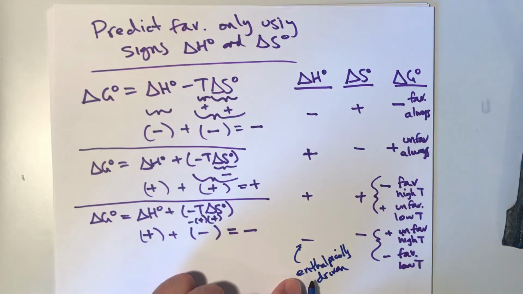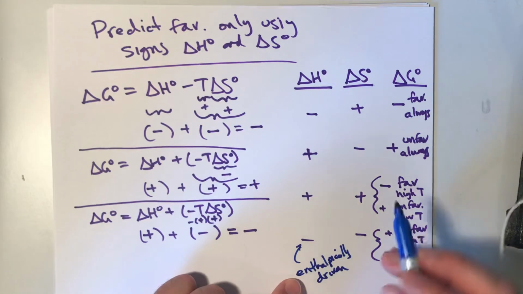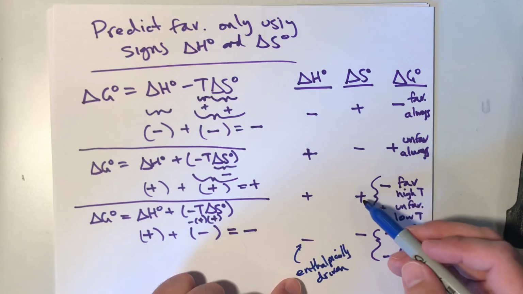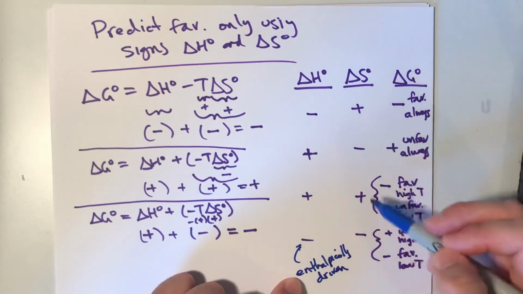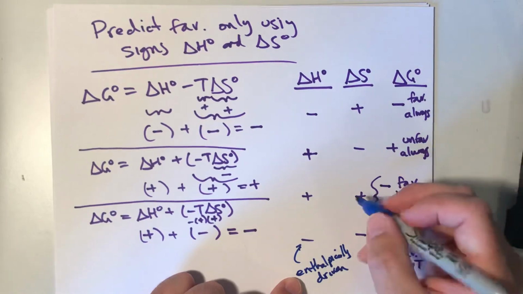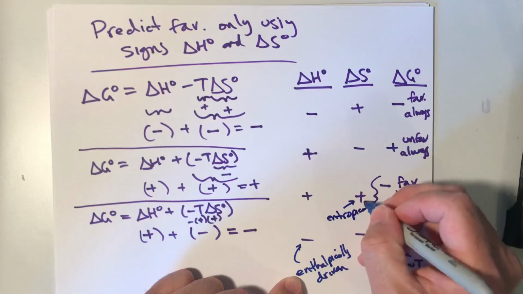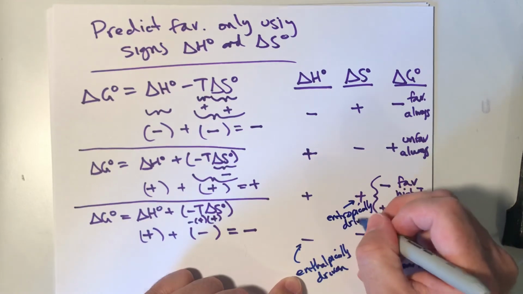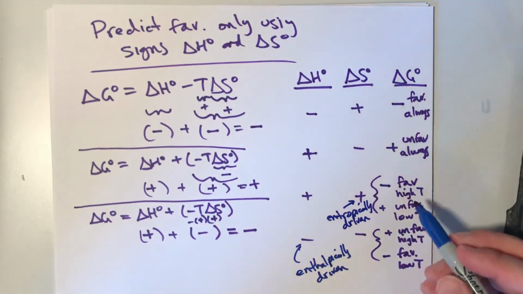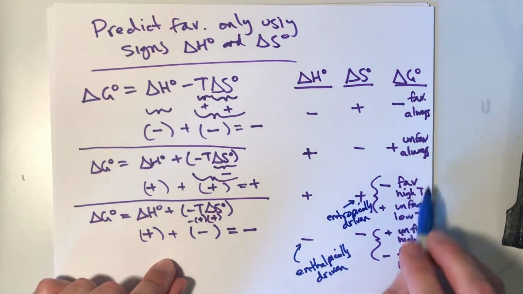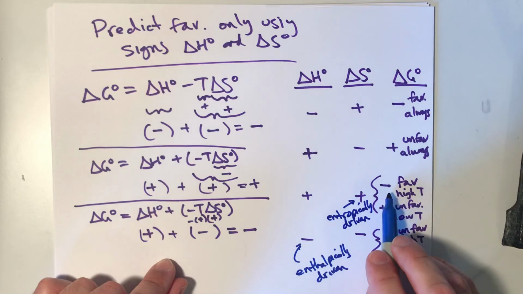So we call that an enthalpically driven process. If the sign of delta S matches that of the always favorable case, we call this process entropically driven. That's because it is the minus T delta S term that's making this reaction favorable. In other words, at high temperature, when T delta S is large, then we get a negative delta G, a favorable reaction.